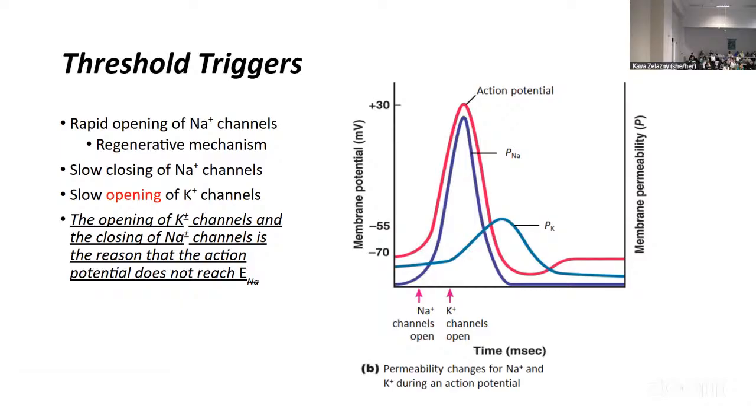Slowly, those sodium channels start to close as the inactivation gate swings closed over time, and slowly over time our voltage-gated potassium channels are opening, getting us to flatline at positive 30 and drop down. This is why we don't get up to positive 60. It's why we get stuck at positive 30 and then drop back.